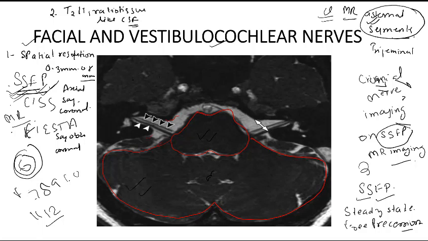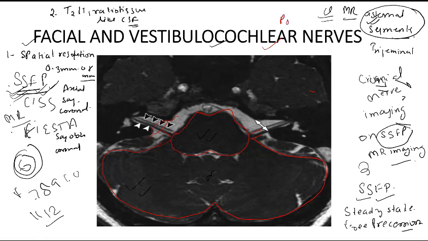The facial nerve and the eighth nerve, the vestibulocochlear nerve, basically arise from the lateral part of the pons on both sides, and both of these nerves traverse obliquely in this cerebellopontine cistern, and they enter the porus acusticus.